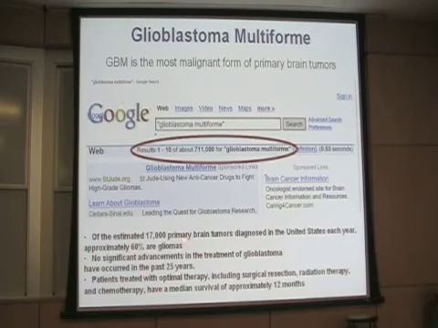Here I listed several unpleasant facts about this awful disease. In general, the treatment is highly unsuccessful, and one of the main reasons is that those tumors are highly invasive.